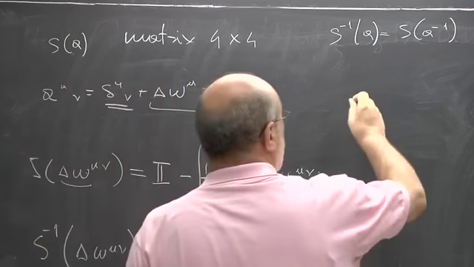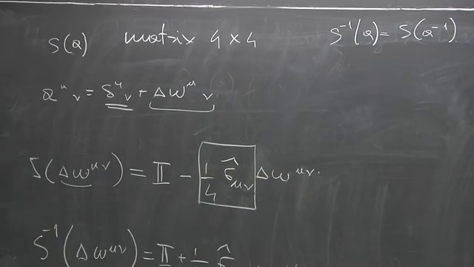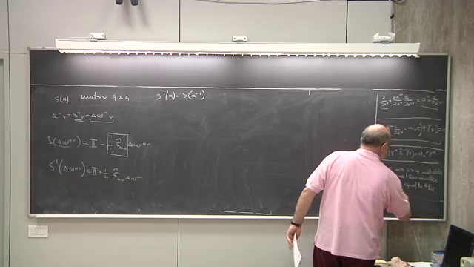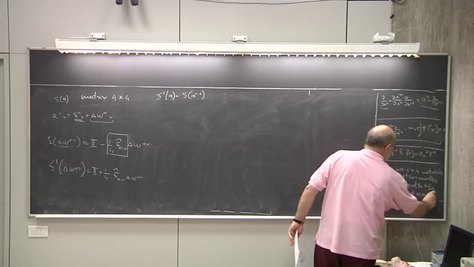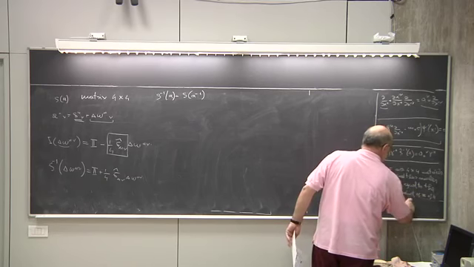So here I just want this to be explicit. Sigma mu nu are 4 by 4 matrices, and their number is equal to the product of the number of nu and the number of mu.